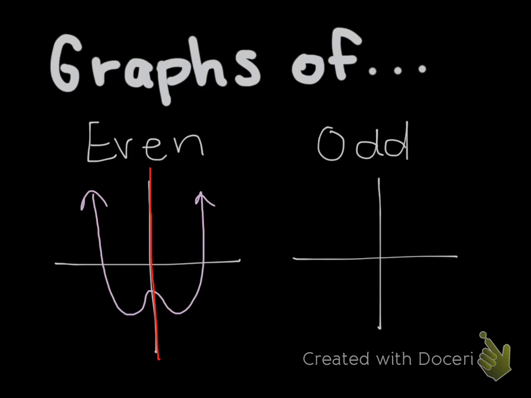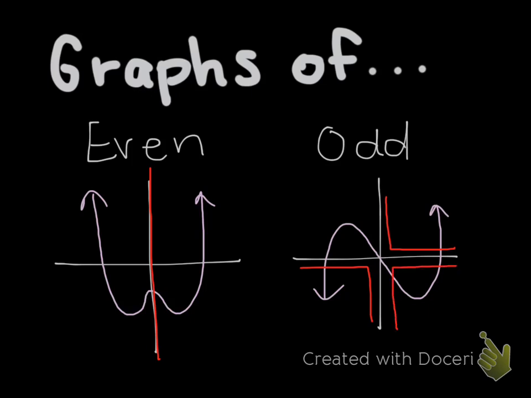An odd function would look something like this. And the easiest way I tell students to check to see if it's odd is you look at the quadrants. Quadrant 1 and quadrant 3 should have similar markings in it. Quadrant 2 and quadrant 4 should have similar markings in it.